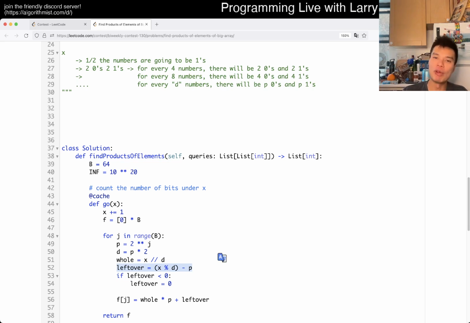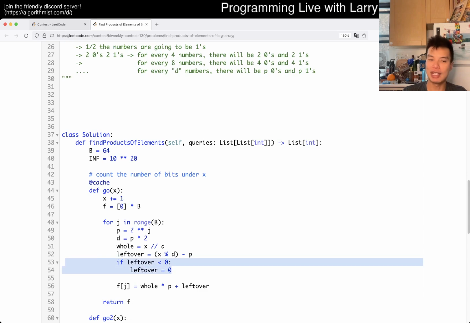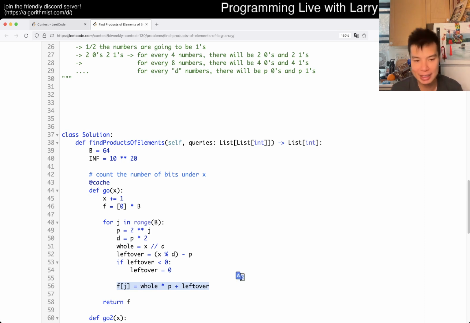Because we want to count the number of ones, we skip the first p zeros, and that's where we get this from. So leftover is x mod d minus p, and if it's less than 0, then we don't have any. And this is the number of bits under x, and that's what we get.